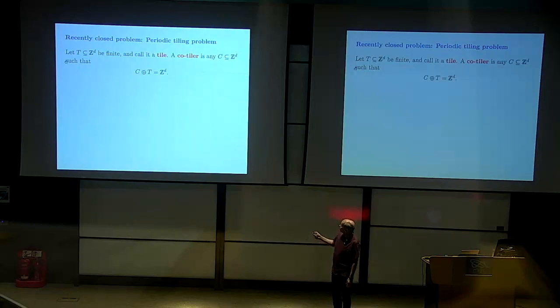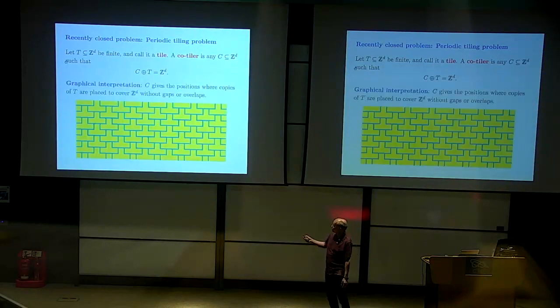In other words, a valid tiling, or we call it a co-tiler, is a set of positions C such that the direct sum of C and T is Z^d. So graphically, let's say my tile would be this upside-down key letter.